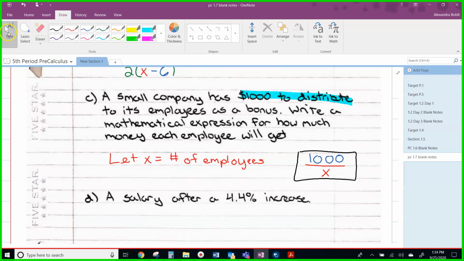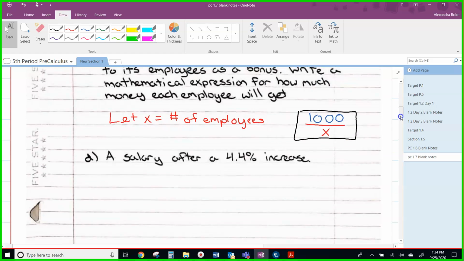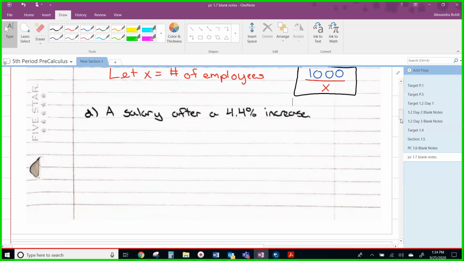Looking at letter D, a salary after a 4.4% increase. Well, I want to know what the new salary is going to be. And what is my new salary going to depend on? It very much depends on what my salary is right now.